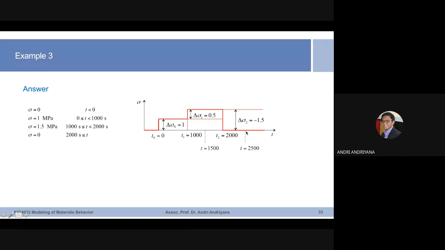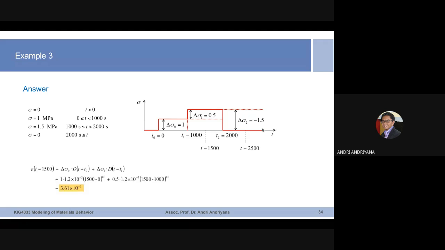If we want to know the resulting strain at t equal to 2500, it involves three loading increments: delta sigma 0, delta sigma 1, and delta sigma 2. Noting that the stress is 0 here, if we were dealing with purely elastic materials, obviously the resulting strain would be 0. But you will see that for viscoelastic materials, it will not be 0.